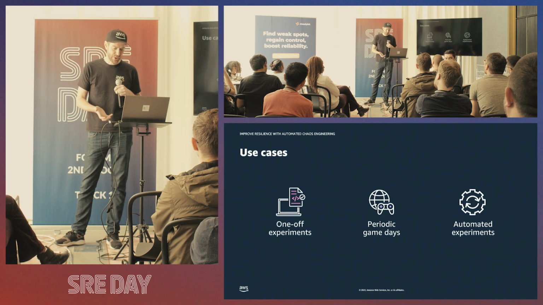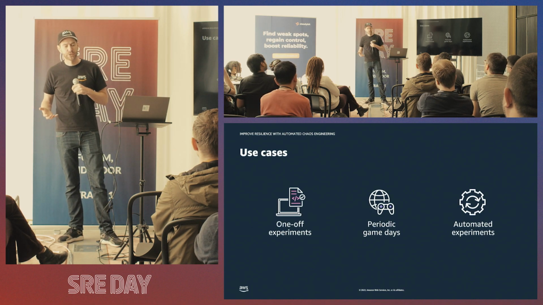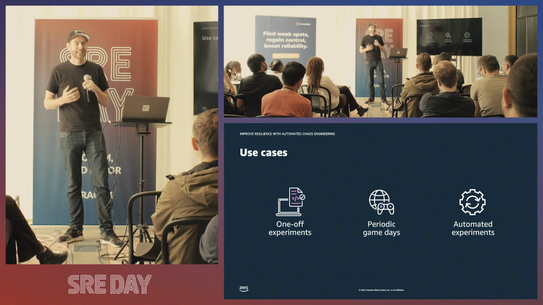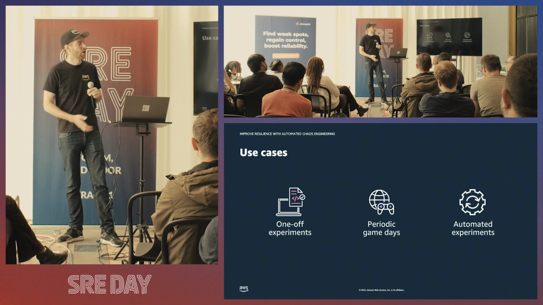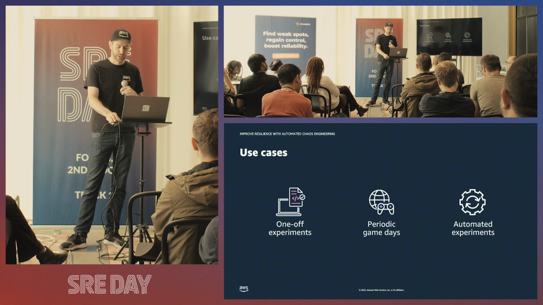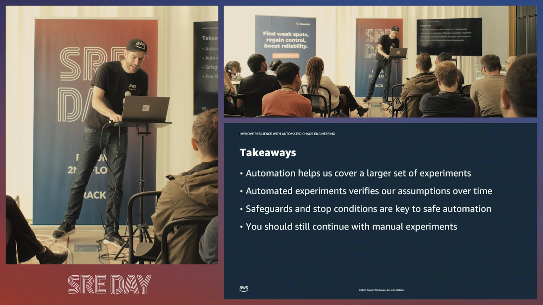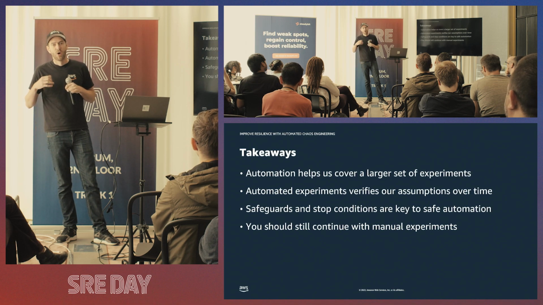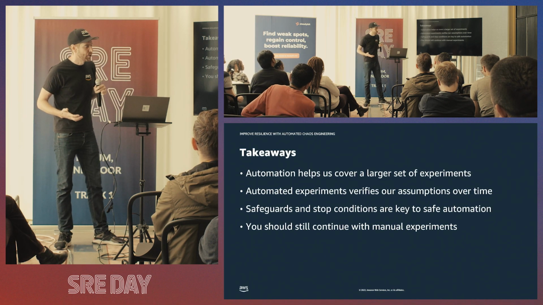And one way I like to think about it is that the experiments that you start off by doing as one-offs or in a game day, they can then turn into these experiments that you run automated on a schedule or on each code deploy. Some quick takeaways in the summary. Automation helps us cover a larger set of experiments than we can cover manually.